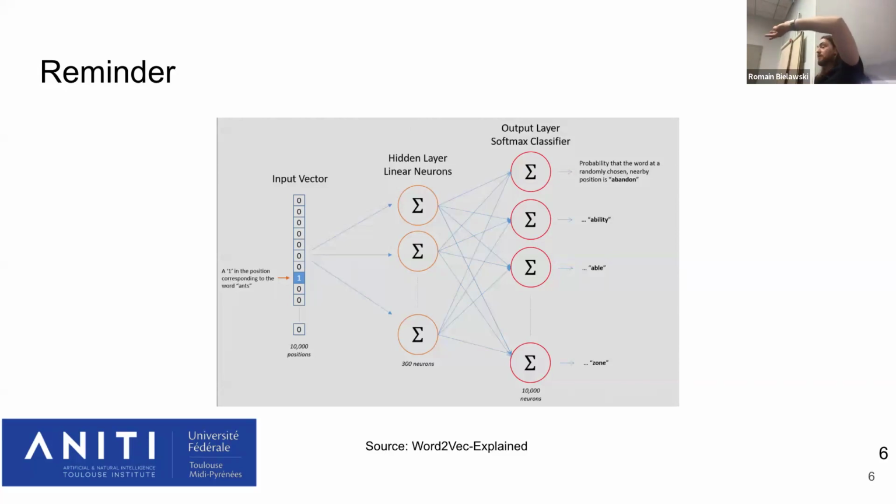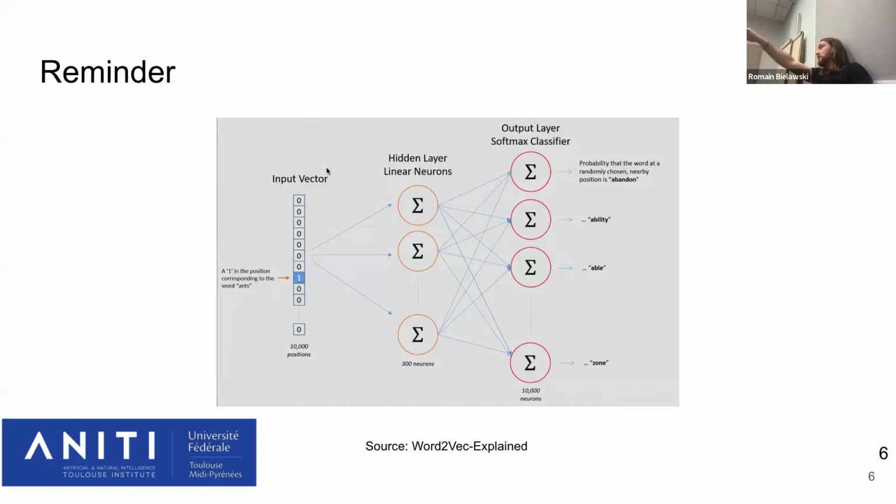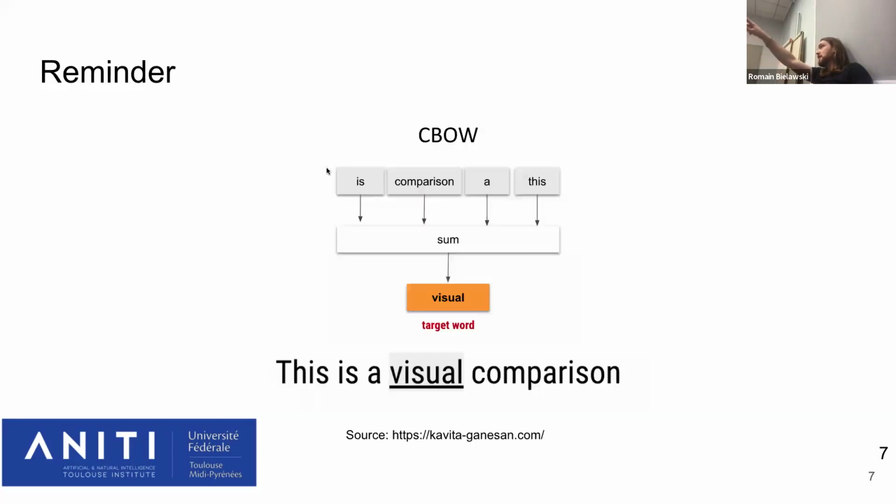So let's say your sentence is, this is a visual comparison. So the word that you have to guess is visual. So what you want here is to project is, comparison, and this into your 300 dimensions, make the sum or the average.